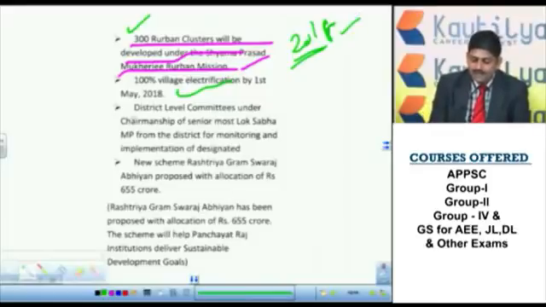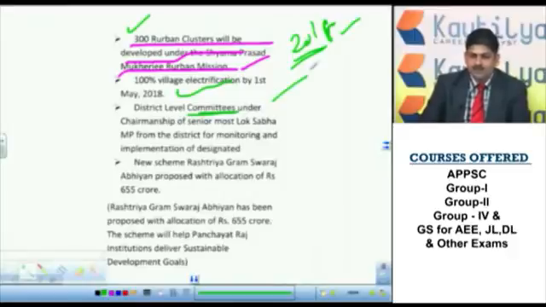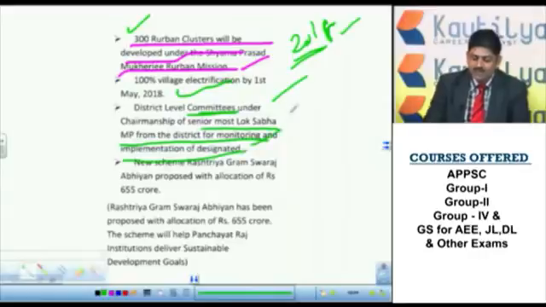Now, district level committees are a new proposal in the 2016-17 budget. District level committees under the chairmanship of the senior most Lok Sabha MP from the district will monitor implementation.